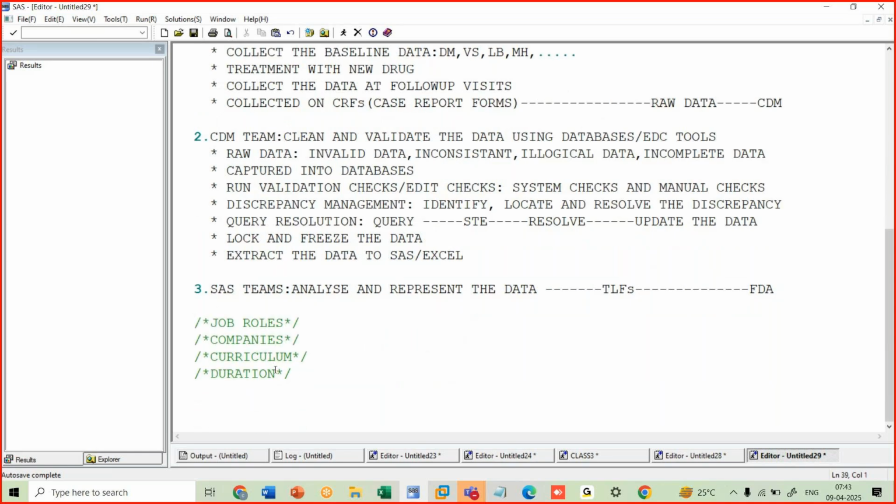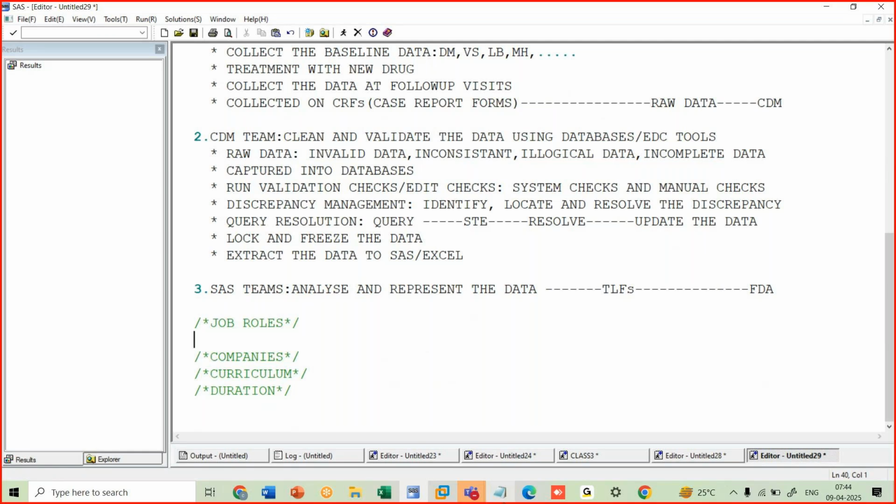So what are all the job roles you can apply for? Mainly clinical data coordinator, clinical data associate, data coordinators, data associates, data managers. In these levels we have associate levels, senior levels, lead positions.